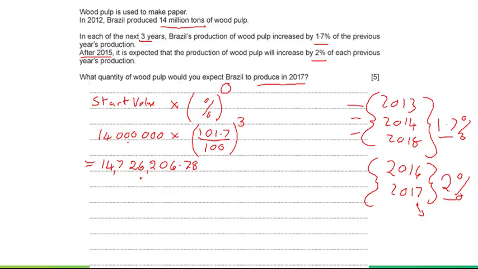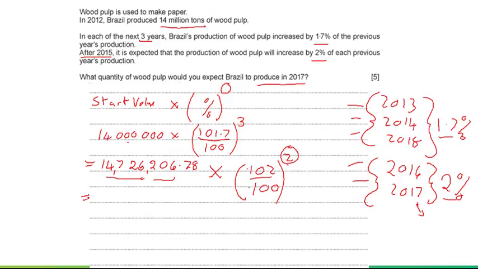Now for the next 2 years, the multiplier is going to raise by 2%. So we have our starting value, but we're going to multiply it by 102% over 100, and our power is going to be 2 because we're considering 2 years. Okay, so that's 14,726,206.78 multiplied by 102 over 100 to the power 2.